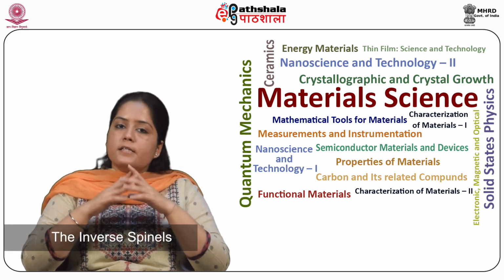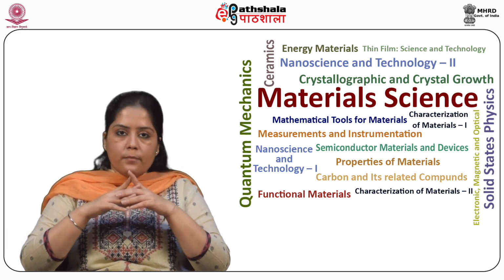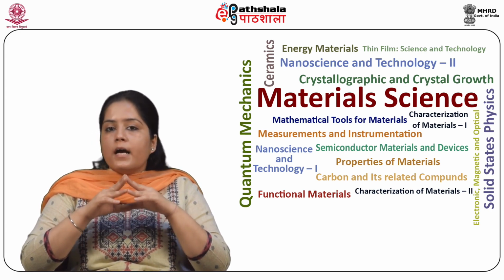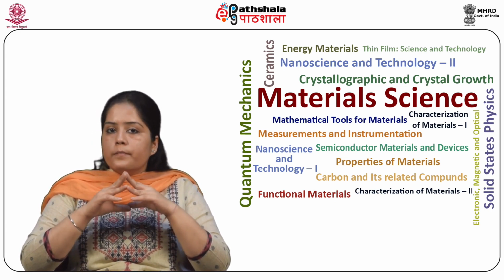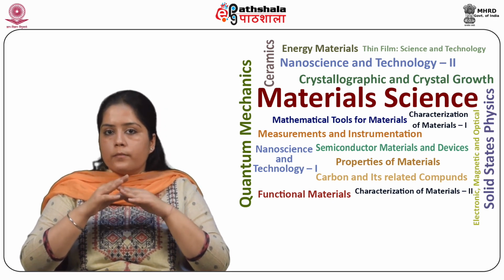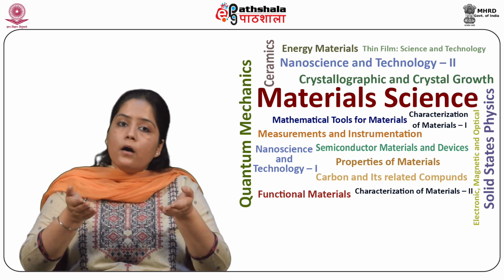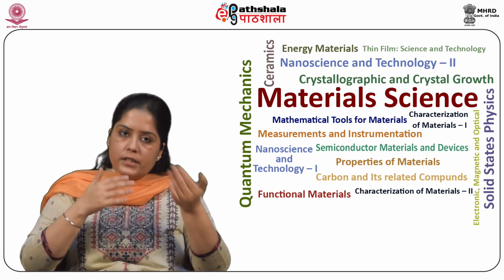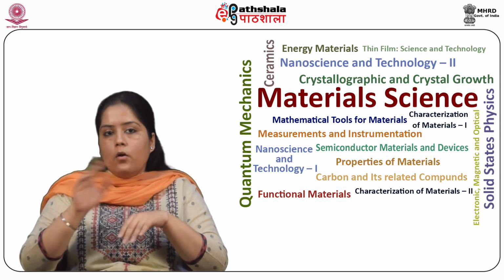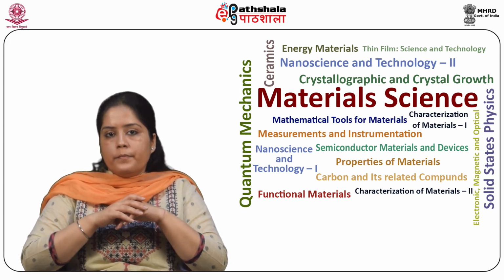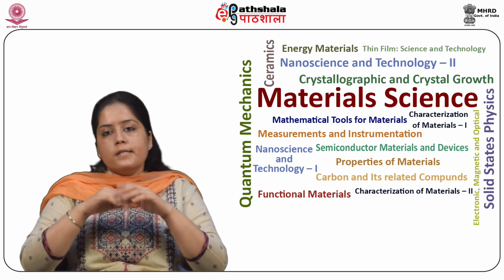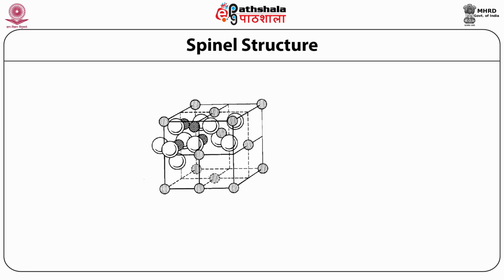The inverse spinels, for example Fe3O4, NiFe2O4, have half of B on the tetrahedral site, A, and the remaining B on the octahedral sites, with 8 formula units per unit cell. Spinel structure.